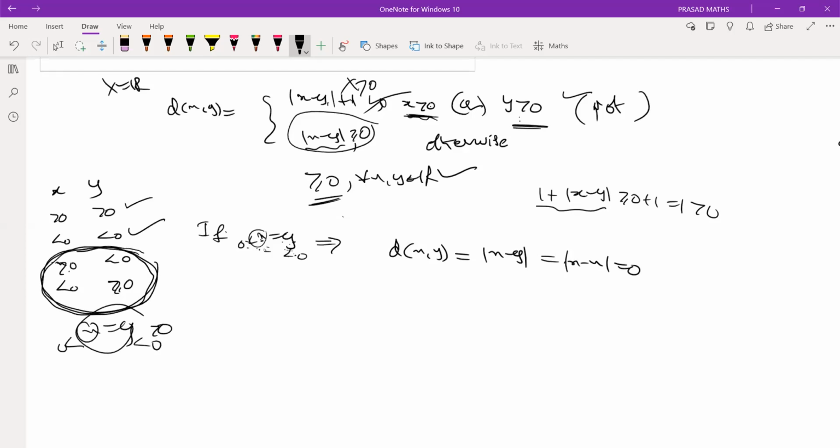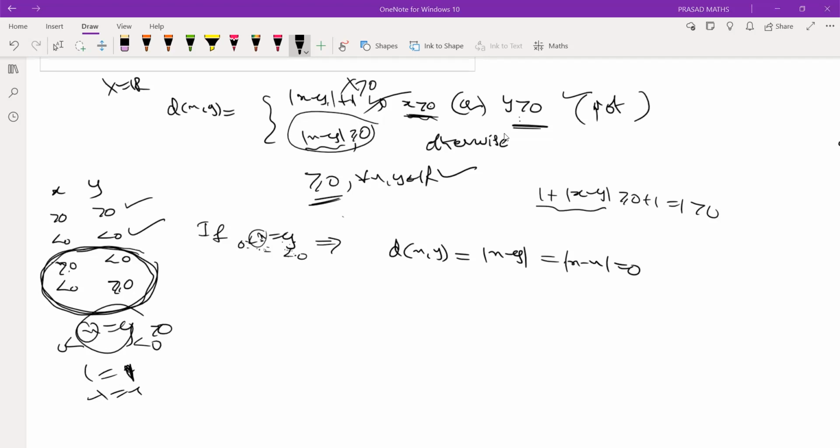Take these two only. x equals y means 1 equals 1, minus 1 equals minus 1. Both should have the same sign, so you can take this option. Therefore, the distance is 0. Is it clear?